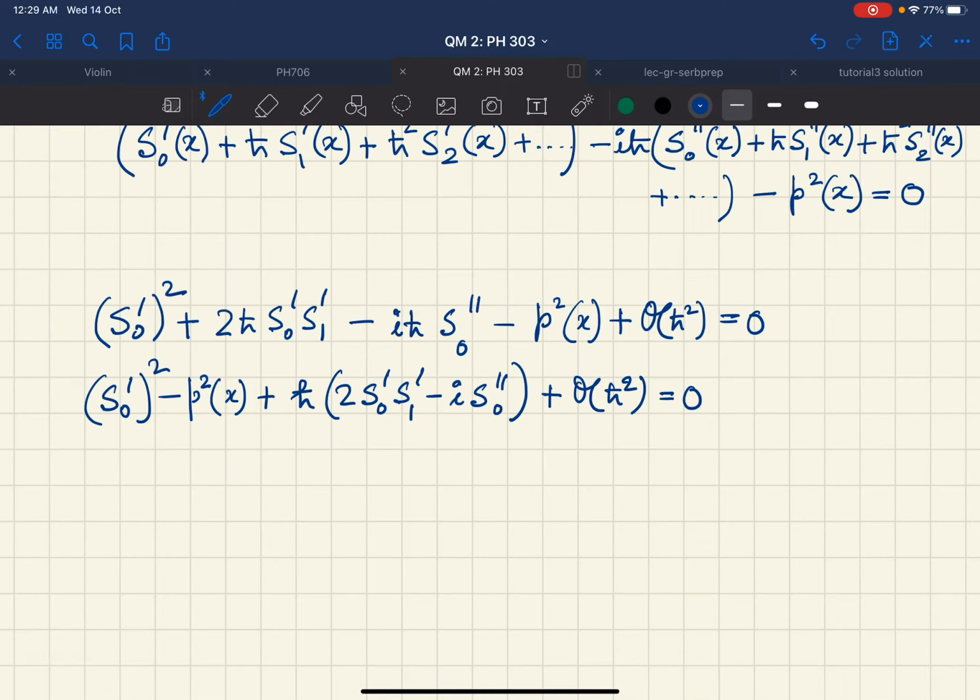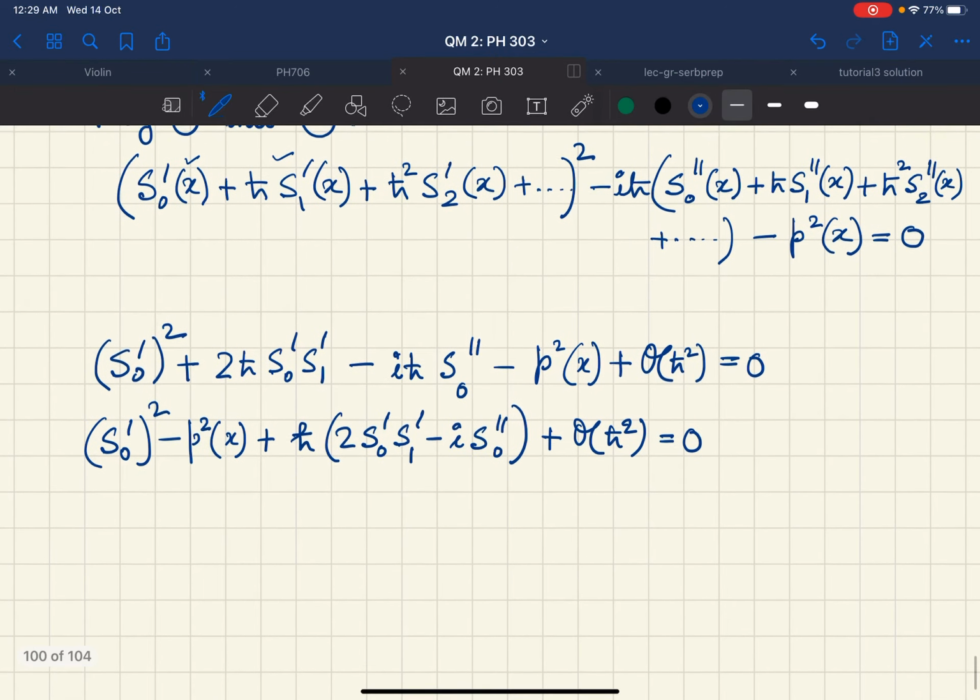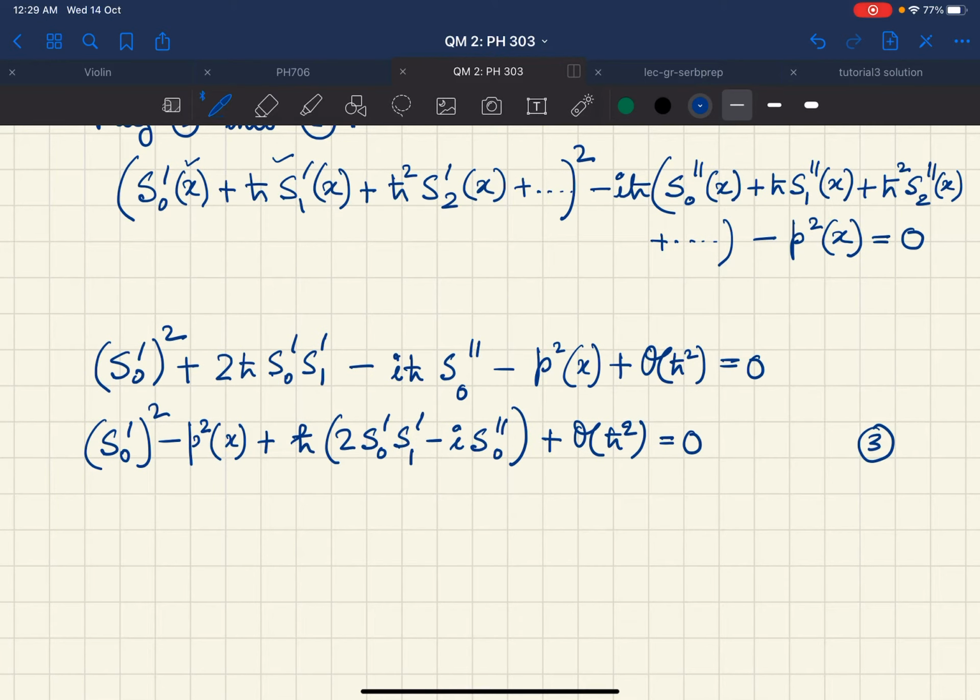Let us call this equation 3. It immediately gives us two different equations, one for the coefficients of h bar to the power 0 and another for the coefficients of h bar.